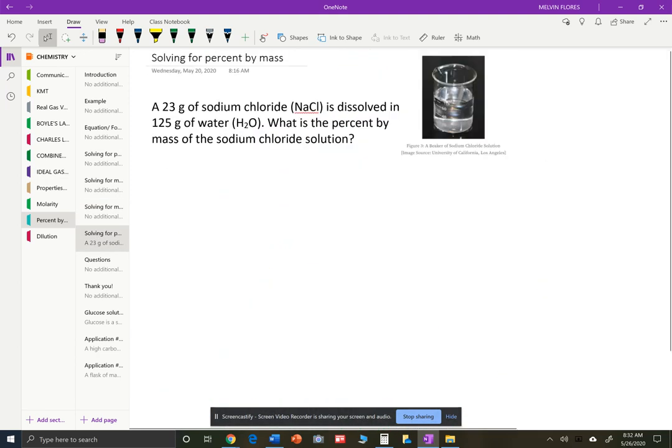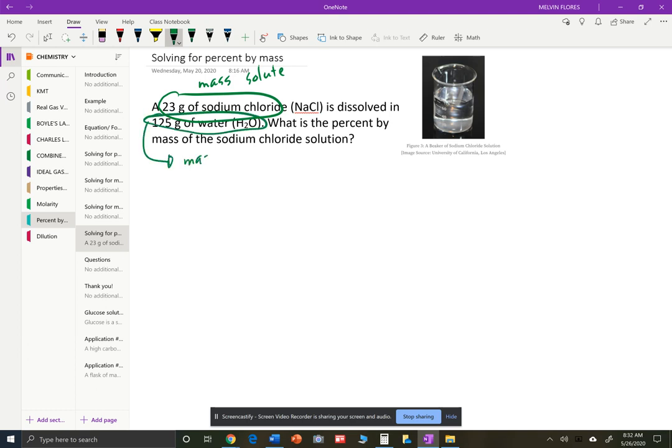The last one is solving for the percent by mass. 23 gram of sodium chloride is dissolved in 125 gram of water. What is the percent by mass of the sodium chloride solution? First is to determine what the givens are. We have 23 gram of sodium chloride, which is the mass of solute, and the 125 gram is the mass of the solvent.